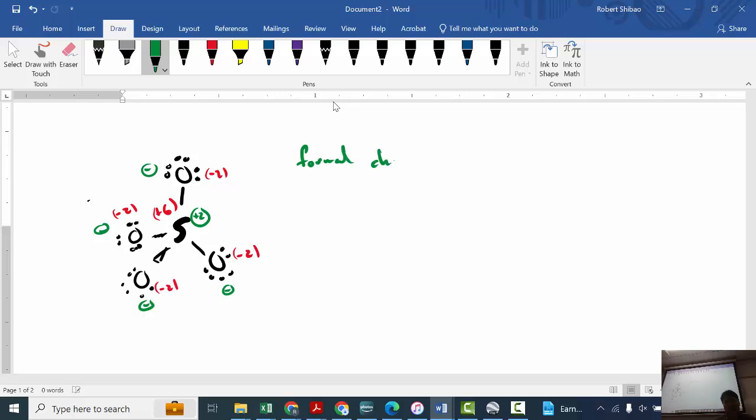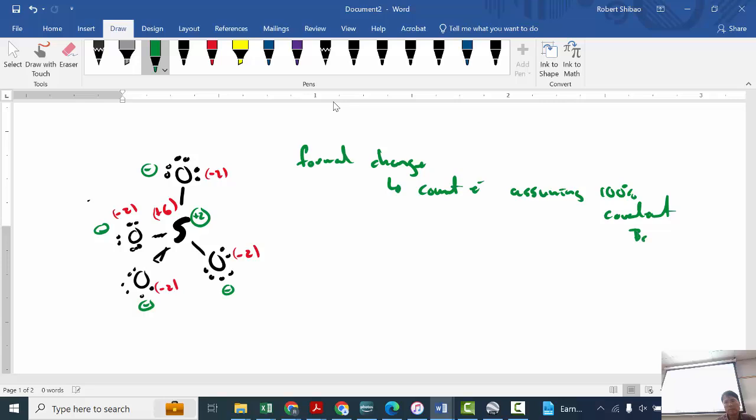For formal charge, we count the electrons, assuming 100% covalent bonds.